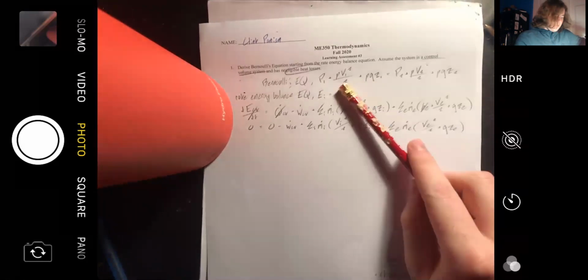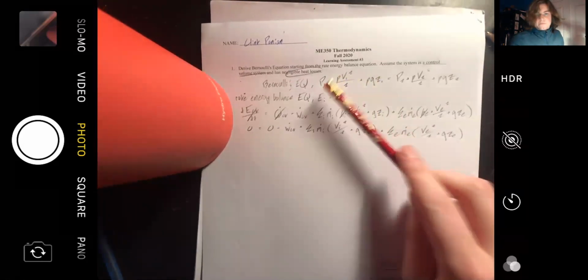So this is kinetic energy plus potential energy initial, plus kinetic energy exit plus potential energy exit. So we can see that we have kinetic and potential. Those are here. So where does the pressure come from?